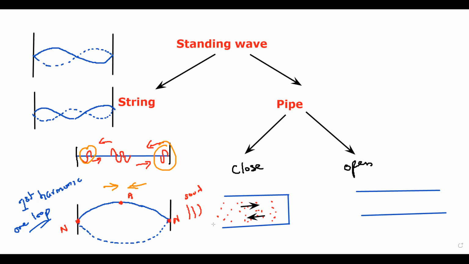And in this standing wave, in the region where we have the open end, the particles will vibrate at a higher amplitude. But as we move towards the mean position, like the closed side, the vibration of the particle decreases.